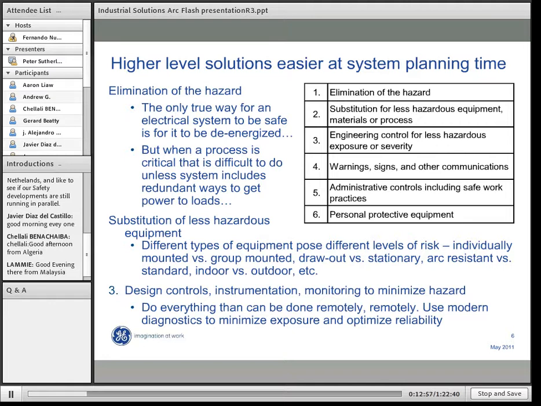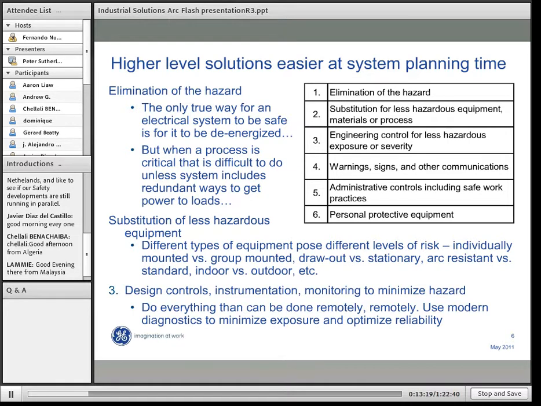Indoor equipment may be safer to work on in terms of you having more space to work and not being in a metal box where you're working.